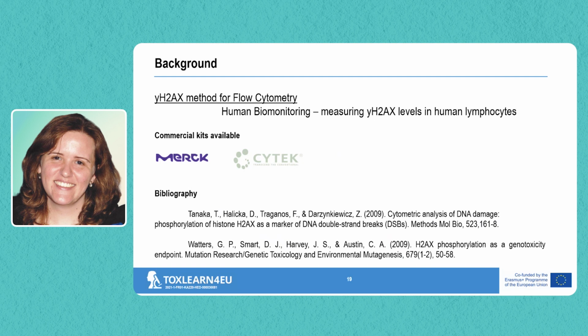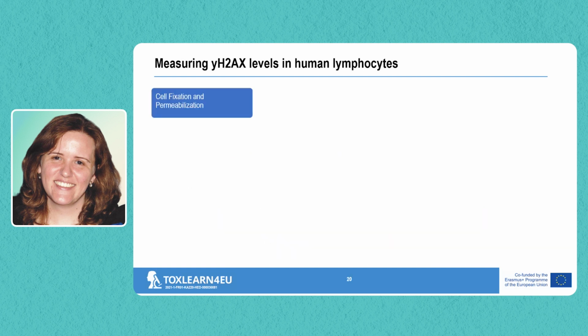Or you can look at the bibliography, and I have here just two examples of papers that describe the method quite in detail. So you can try to implement the method based on these papers. Our method is based on those papers, and it has three essential steps.